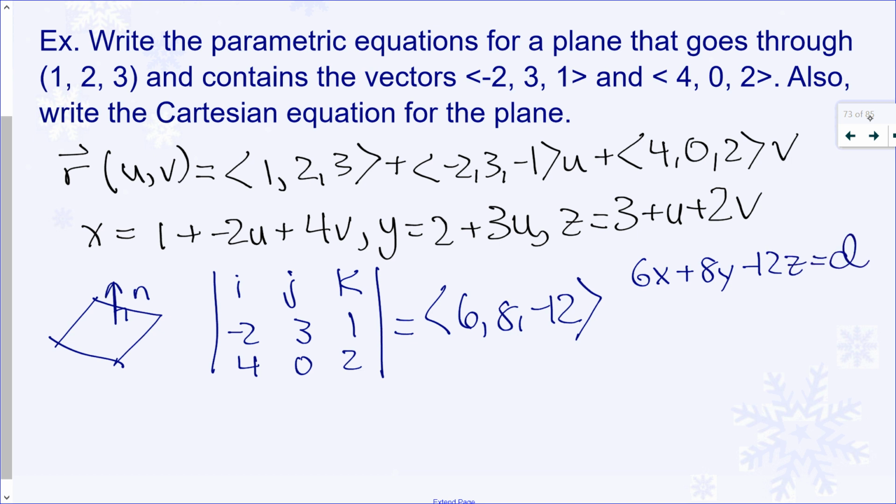I always like to scale that before I solve for d, just so my numbers are a little easier to work with. And then we'll substitute in the point that we have. And I got negative 7 for d. Anyone else get that?